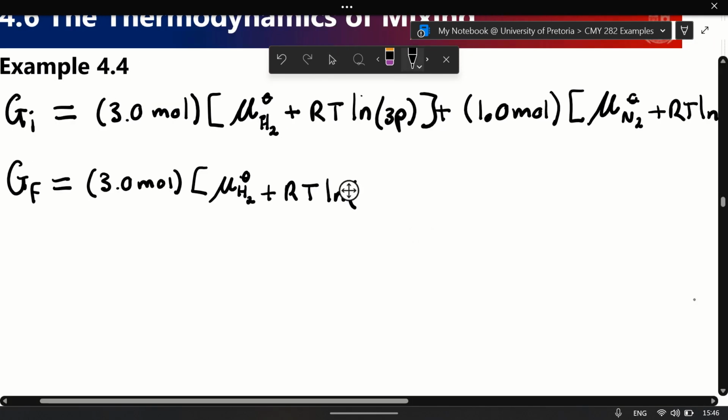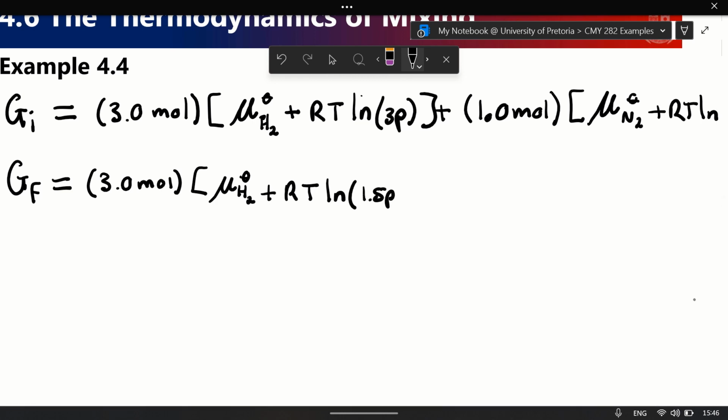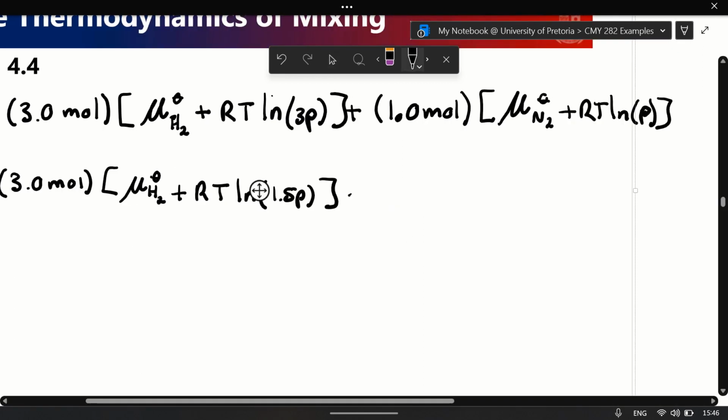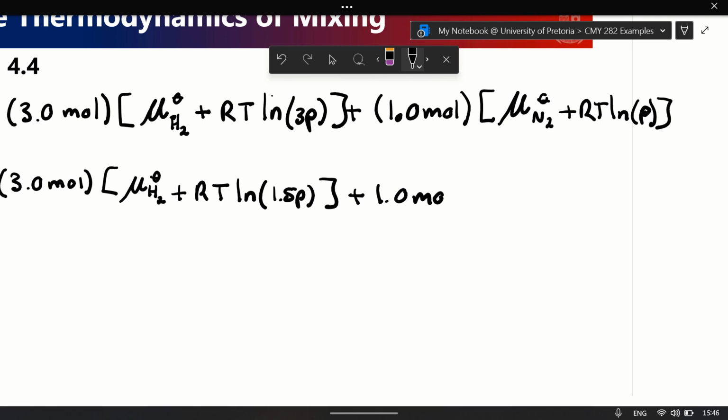In other words, let's write it as 1.5P or 3 over 2P or whatever you would like to write it as, plus the 1.0 mole for the nitrogen gas, and its partial pressure is 0.5P. Okay.